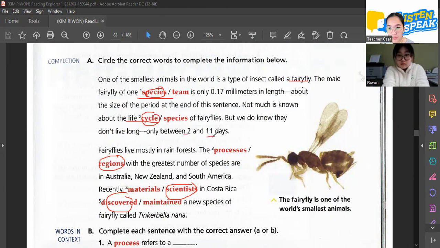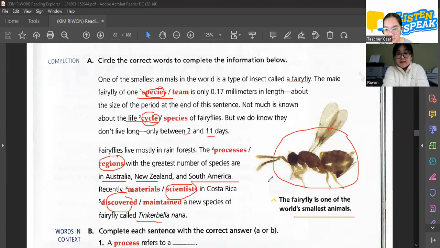That's why their life is short. Fairy flies live mostly in regions like Australia, New Zealand, and South America. Also, scientists discovered a new species of this insect, the fairy fly, and they call it Tinkerbella nana, which is the smallest animal in the world.